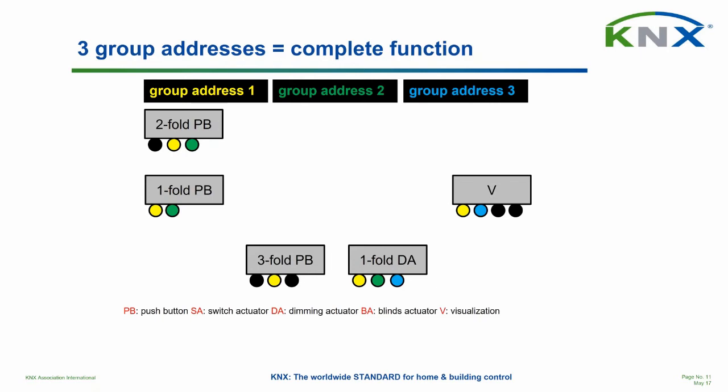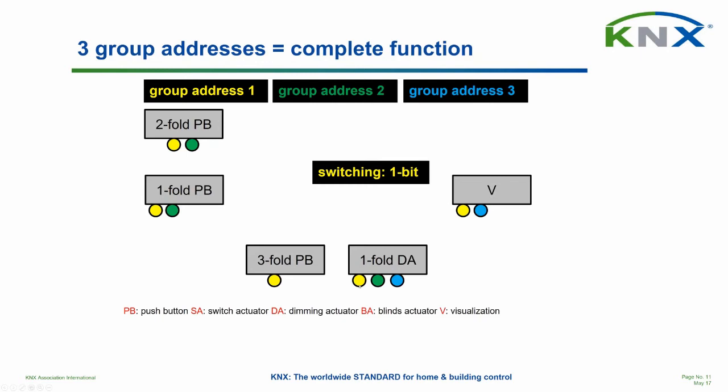So what actually is going on here? First of all, I can tell you that yellow is the group address that we need in order to switch the lamp. The lamp, which is obviously connected to the dimming actuator, and we need yellow in order to switch it. So the switch is represented in this push button, and in this push button, and of course also on the dimming actuator.